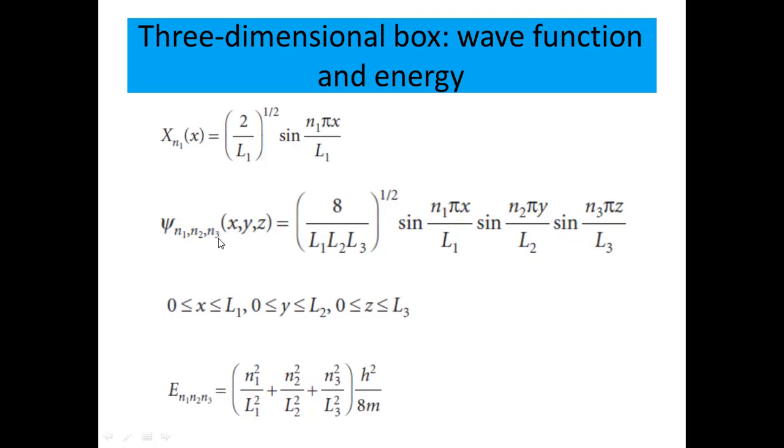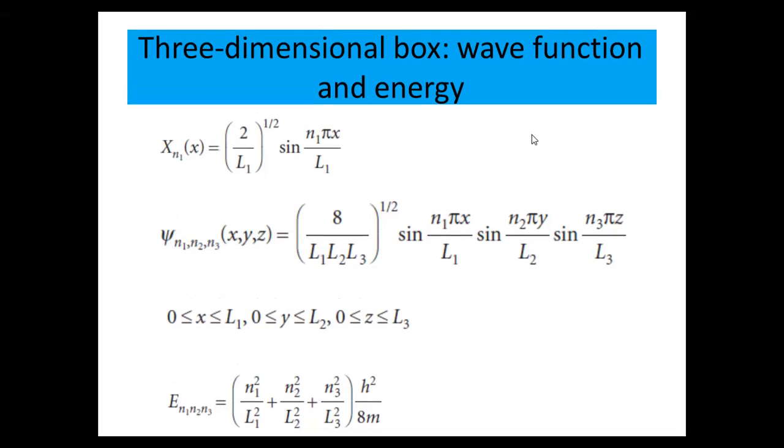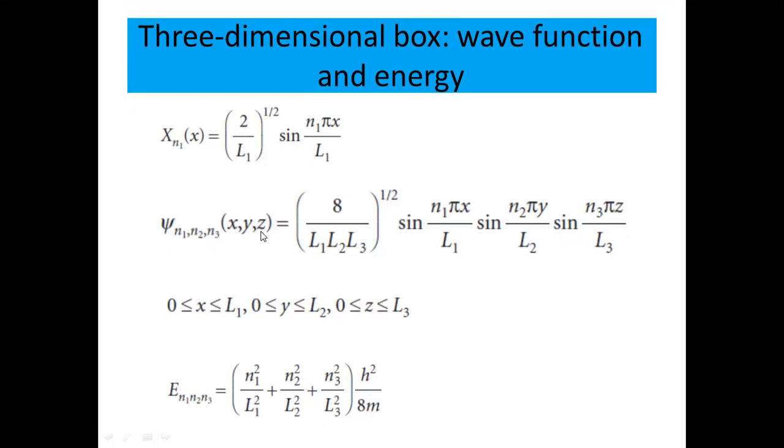It depends on what the transition of the electron or the particle along the x, y, and z axes would be. Here, this is the product of the wave function along the x-axis, y-axis, and z-axis. You have to multiply three times by considering this equation, one time along the x-axis, then the y-axis and the z-axis.